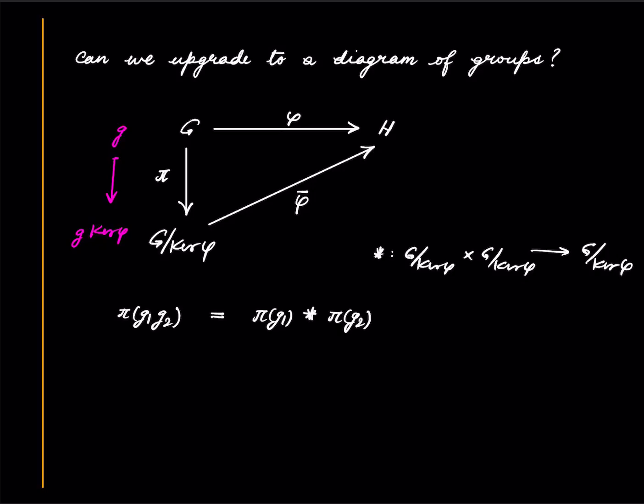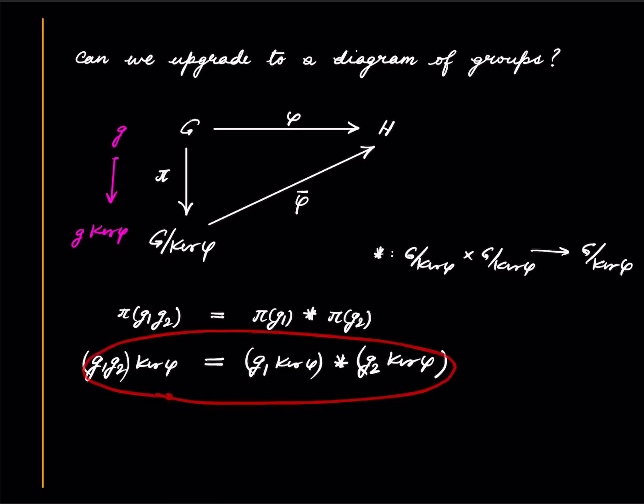So if at all there is a binary operation such that this becomes a group and this is a group homomorphism, we must have this, which means what? We must have g1 g2 kernel phi equals g1 kernel phi star g2 kernel phi. So the only candidate for star is this equation. This is how star better be defined.